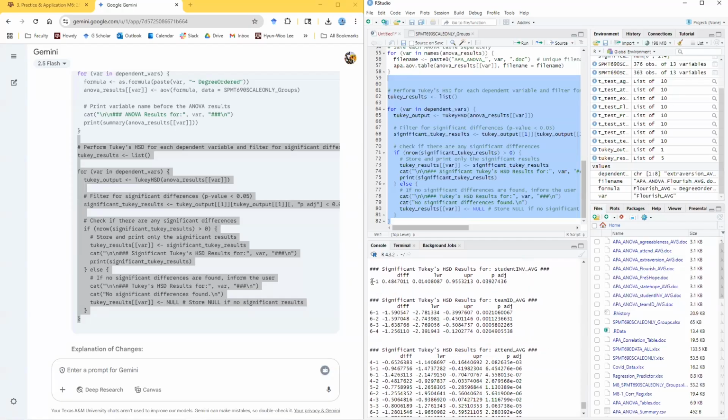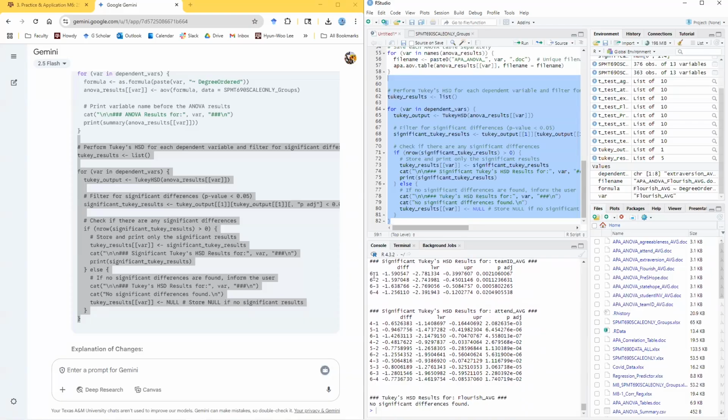One difference: juniors had higher student involvement than freshmen. For team ID, yeah, PhD students had much lower team ID. In terms of attendance intention is where we found the most difference. In general, higher level students had lower attendance intention.